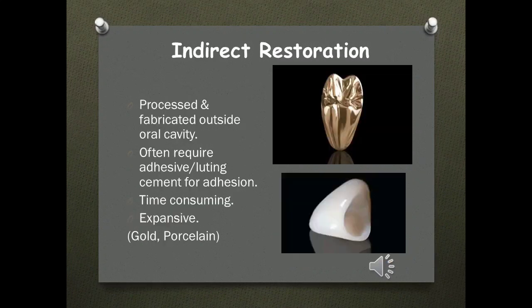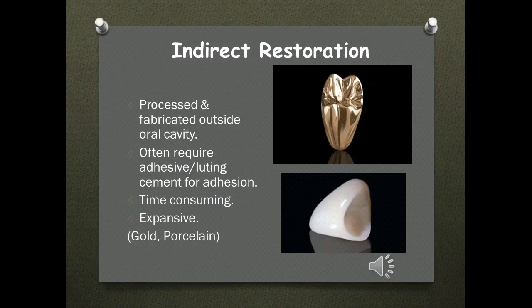Unlike the direct restorations, the indirect restorations are processed and fabricated outside the patient's mouth. That is, they require a dental lab to prepare and process them for the prepared tooth. They do not bind chemically with the tooth structure, that's why we have to use certain adhesives or a luting cement to adhere these indirect restorations to the prepared tooth.